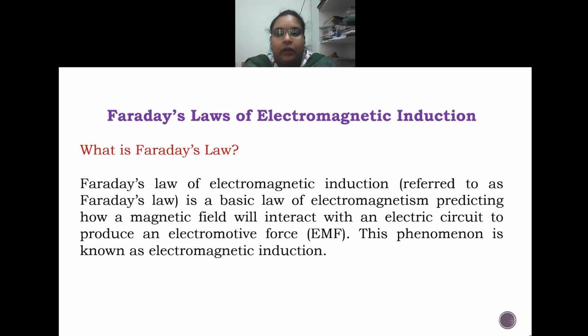Faraday's law of electromagnetic induction is a basic law of electromagnetism, predicting how a magnetic field will interact with an electric circuit to produce an electromotive force. So it is giving us the basic idea of how electrical energy, or the electromotive force, is produced in a magnetic field, by the interaction between the magnetic field and the conductor, such that an electromotive force, that is the EMF, is generated.